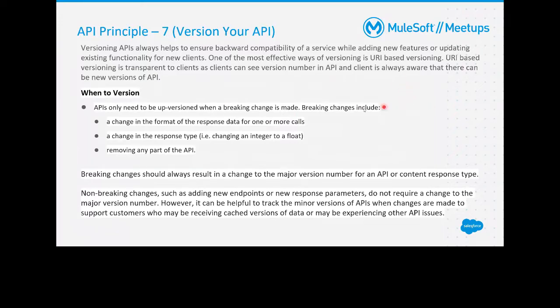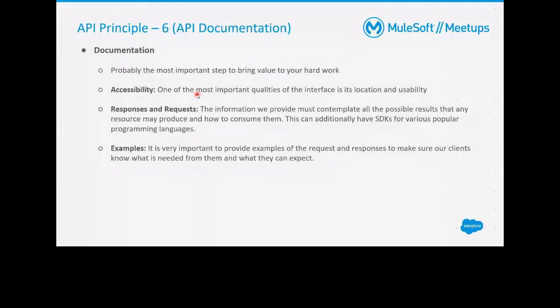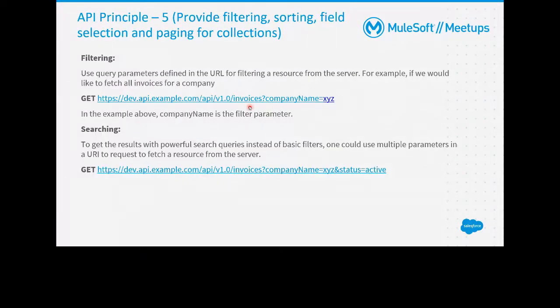That is also possible. A few people also use headers, like in the headers they will pass that the version equals 1.0, so the response will be from that particular version. But from the principle, like the visibility point of view, versioning your API is best done with URI based versioning, or adding it in the URL, like for example this particular one where I am saying API slash v1.0.